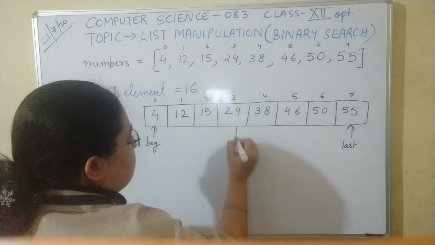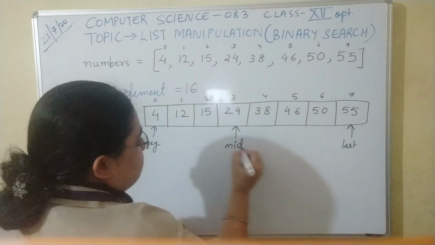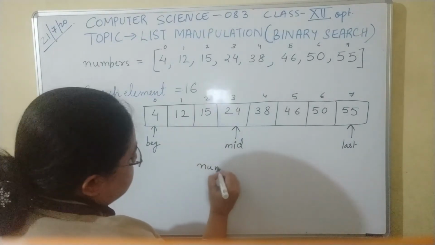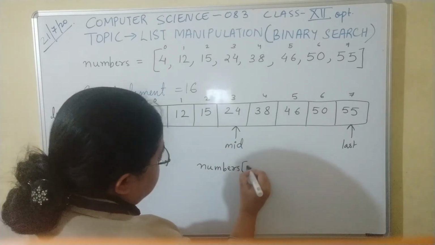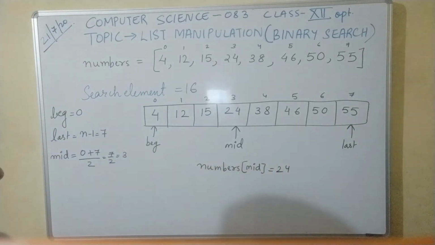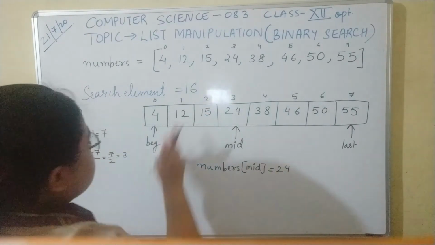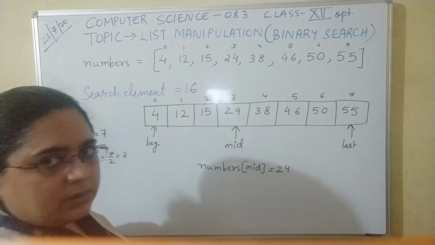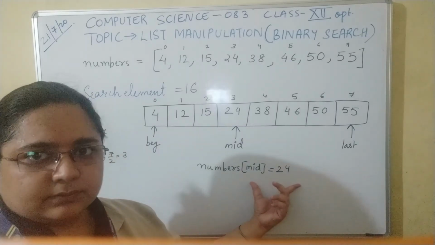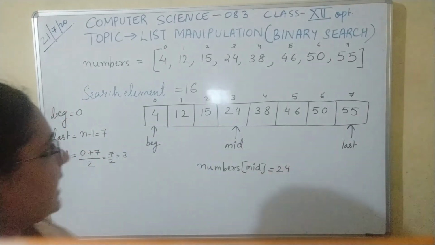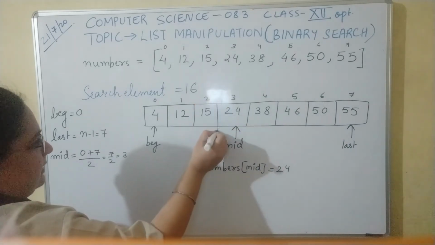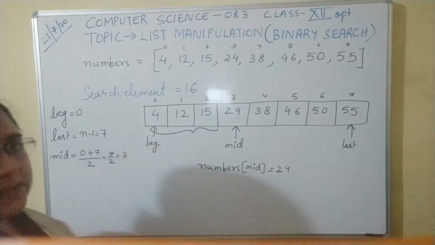So that means this is mid. Now this is mid, and what is numbers mid? Numbers mid is 24. Does search element equal this 24? Answer is no. Is search element less than numbers mid? Answer is yes. That means it should lie somewhere in this part of the list.